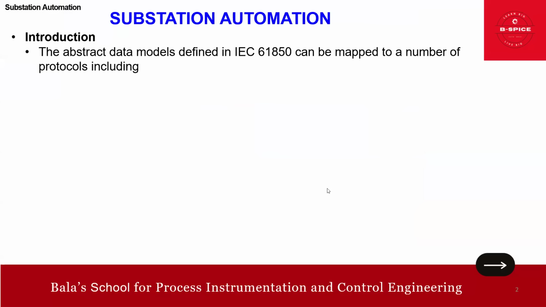Let's get started with a brief intro. Friends, the abstract data models defined in IEC 61850, which we have already uploaded, you can watch if you are interested. It's available for free. They can be mapped to a number of protocols. One is the manufacturing message specification, MMS, which we are going to talk about here.